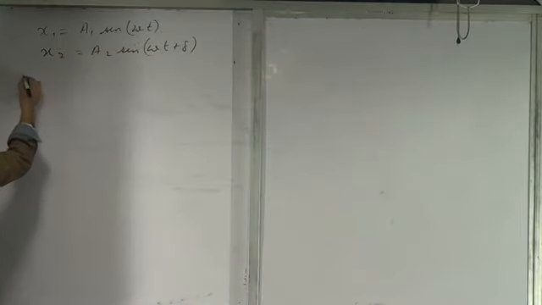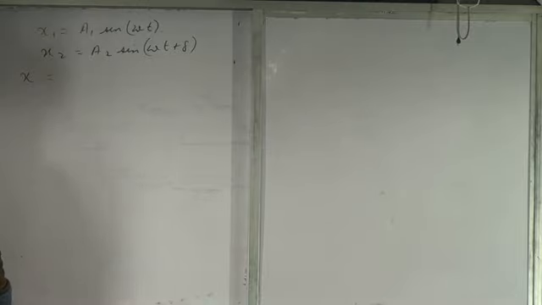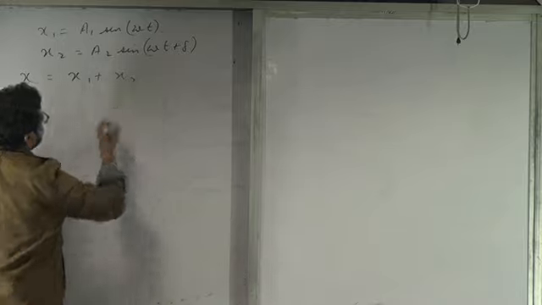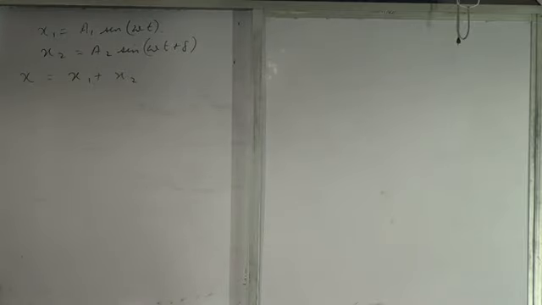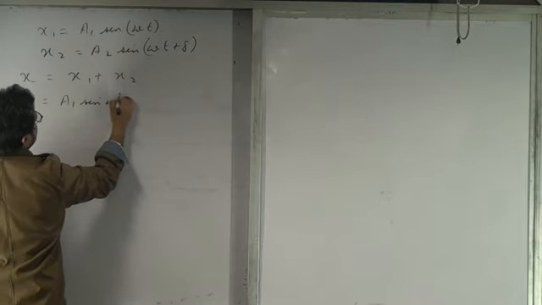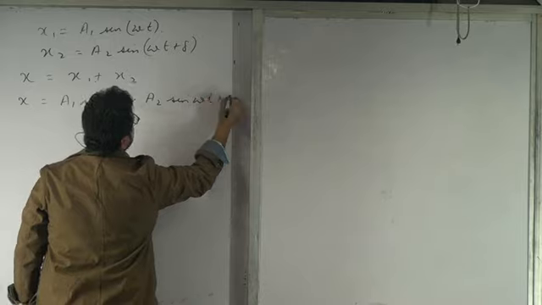Okay. Now what does the principle of superposition say? The net displacement of the particle will be equal to the sum of the displacements the individual forces would have produced. So x should be equal to x1 plus x2. Is that clear? So x is equal to a1 sine omega t plus a2 sine (omega t plus delta).